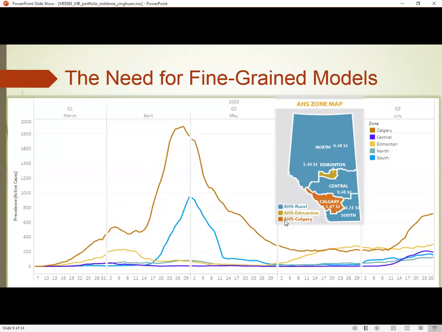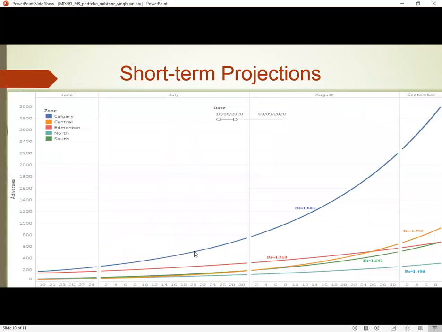Otherwise, the three rural zones stayed relatively stable at the bottom of the graph. So we need separate models to fit on the five different data sets from different regions to estimate the RTs for each of them.